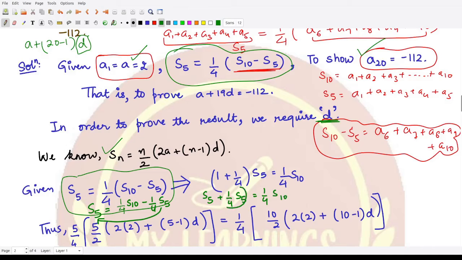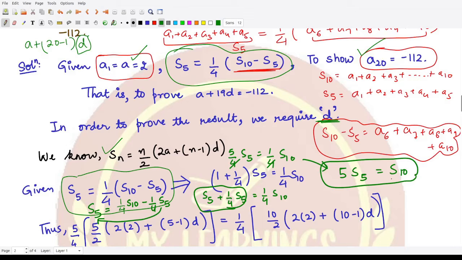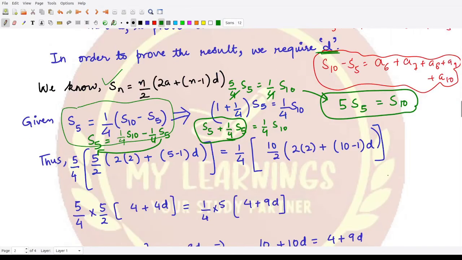So you can club these terms. It would be 1 plus 1/4 times S5, which is 5/4 times S5, is equal to 1/4 times S10. The 4 and 4 cancel with each other, so that we have 5 S5 is equal to S10. Now we can substitute the values here and simplify in order to calculate the value of D.